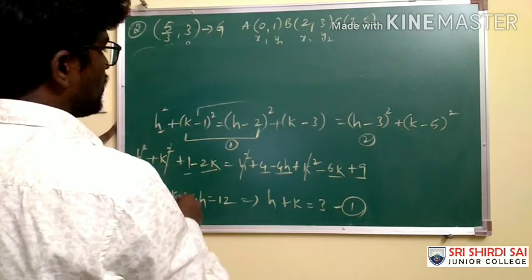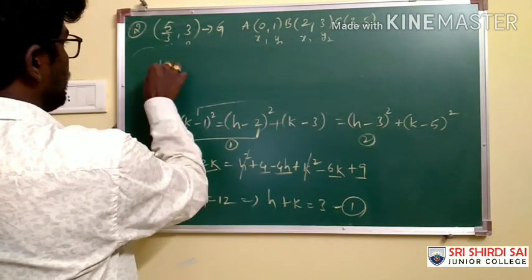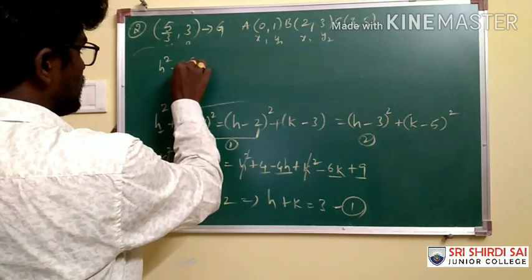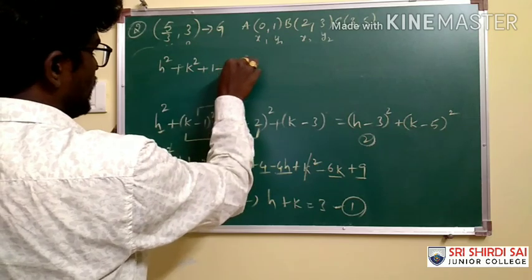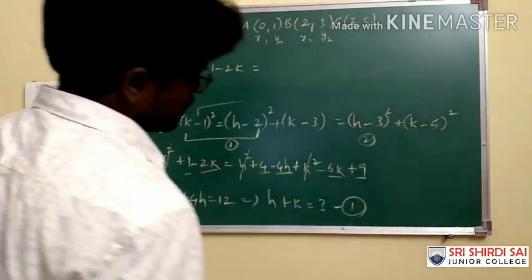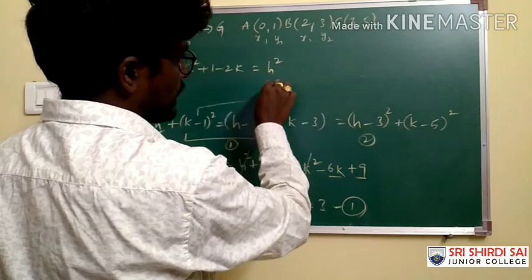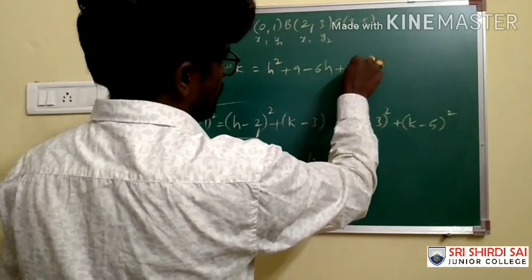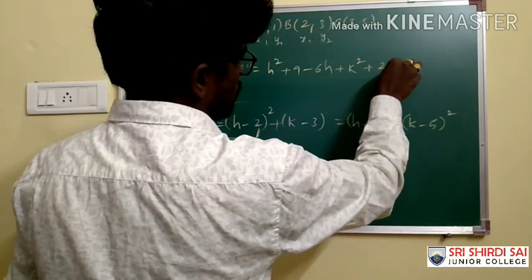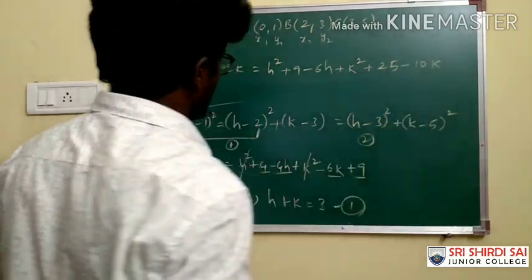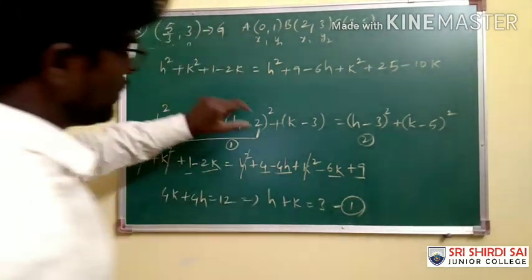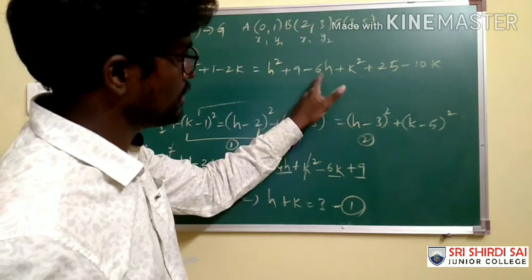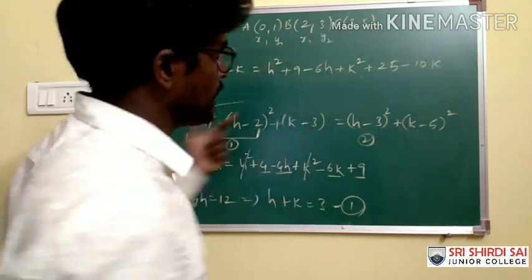What is that? h square plus, expanding this will give us k square plus 1 minus 2k is equal to, expanding the third equation, h square plus 9 minus 6h plus k square plus 25 minus 10k. See here, the third equation is (h minus 3) whole square, so h square plus 9 minus 6h plus k square plus 25 minus 10k.